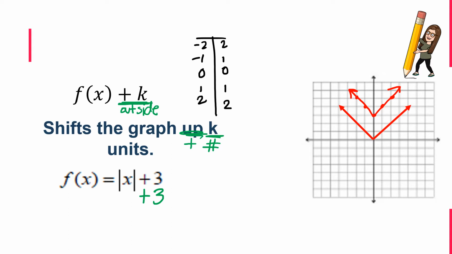And if this is a vertical shift, if the plus is on the outside, vertical means we're going to add 3 to every y, or every vertical value. And what that does is it creates a table that shows every point that we just graphed.